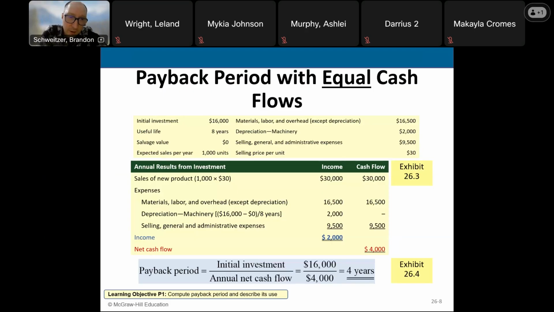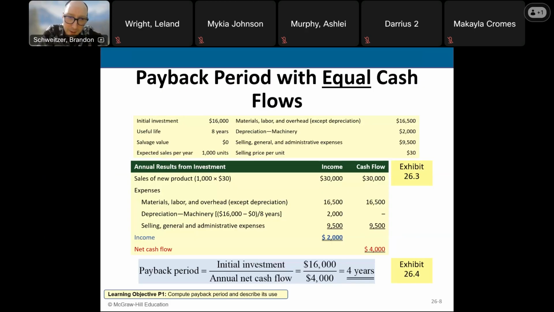And then what is our cash flows, or net cash flows? So first we figure out sales. 1,000 units at $30 per unit. That's 30,000. We got materials, labor, and overhead expenses, 16,500. Depreciation, 2,000. Selling, general, administrative, 9,500.